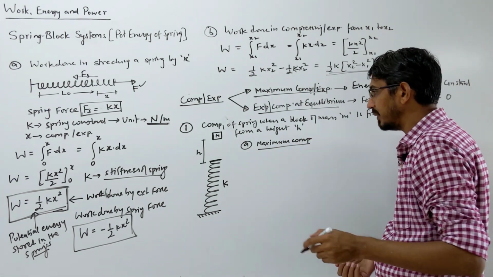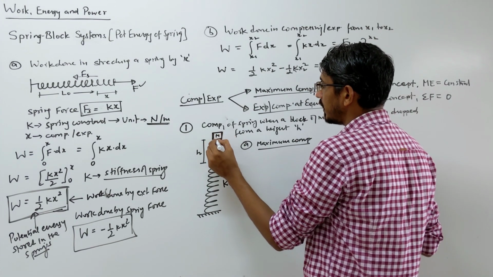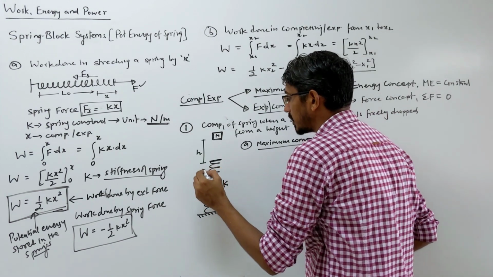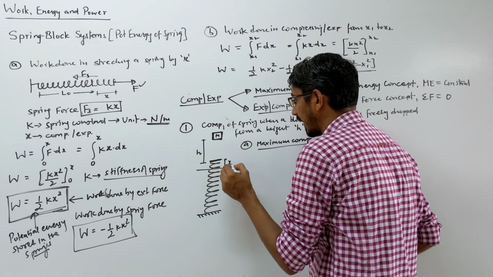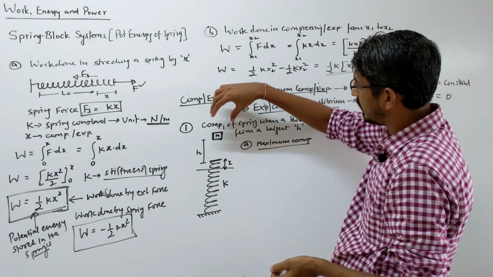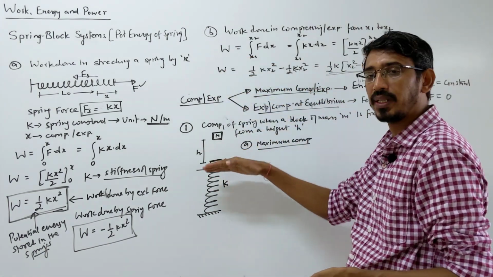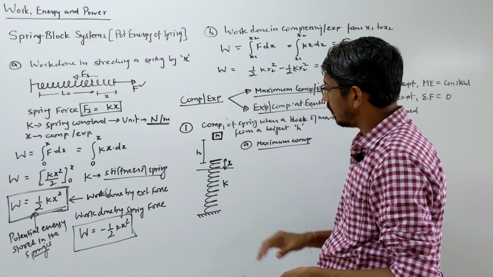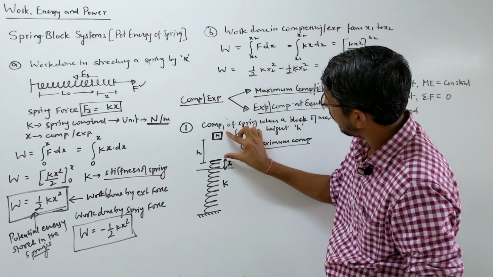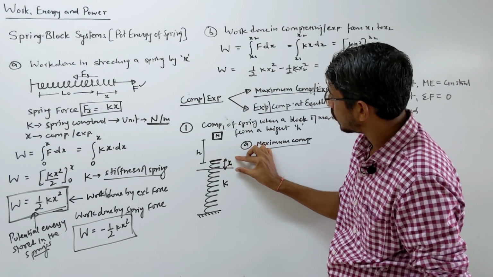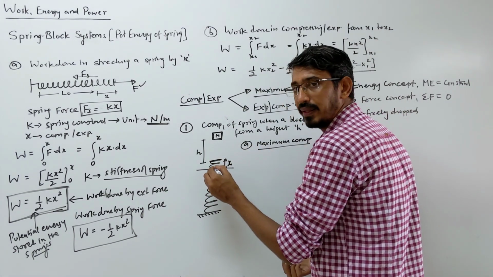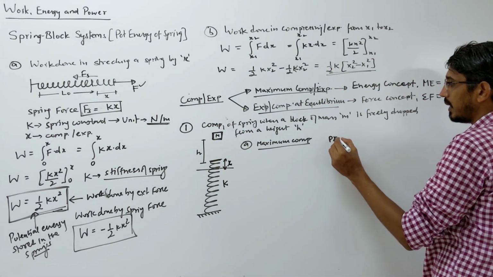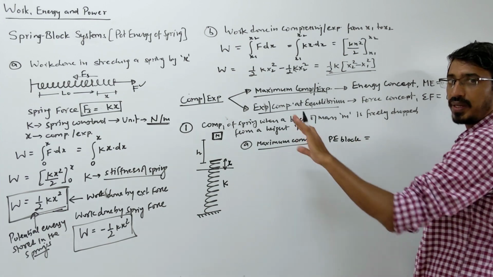The block has potential energy, since it falls from a height h. Suppose the spring is compressed by a maximum amount X. The block falls from height h, and the spring also goes down by X, so the block has traveled a distance of h plus x.